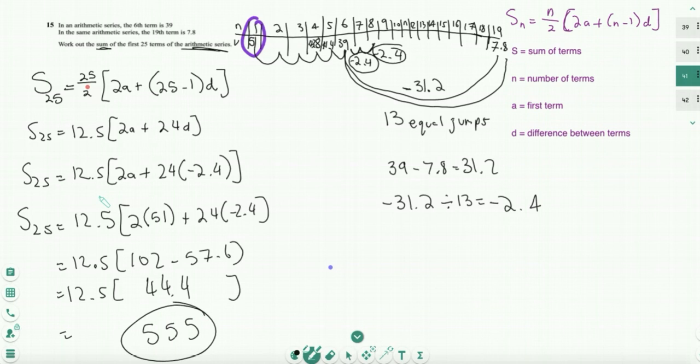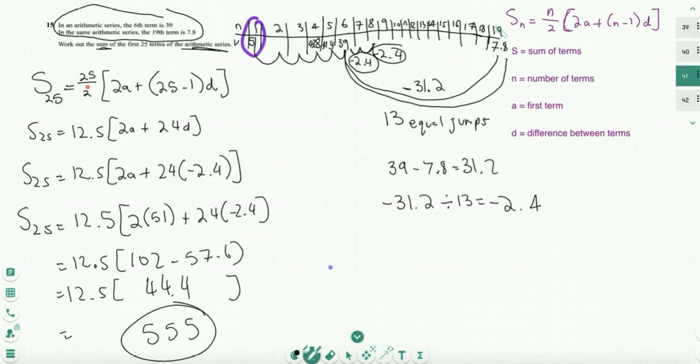And this is how you solve this question, right? The same thing: we used our formula. We filled in what we knew. Then we realized that we're missing the a and the d value. To find the a and the d value, so the first term and the difference between each term, we used this information here. I knew the 6th term and the 19th term. So between 6 and 19, there's 13 jumps.